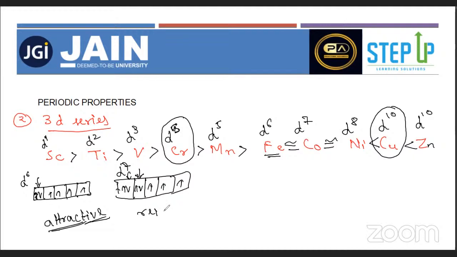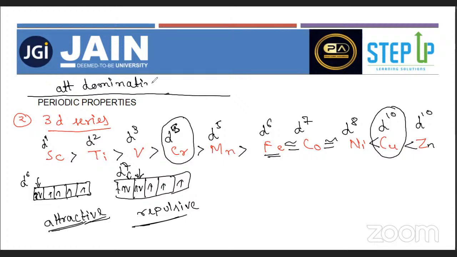And there is a repulsive force, which is coming internally between the electrons which are present inside each other. So what happens because of this? When I'm moving from the start up to here, from manganese, what dominates is the attractive force. Okay, the attractive force is dominating. Then further, what happens up to this point?